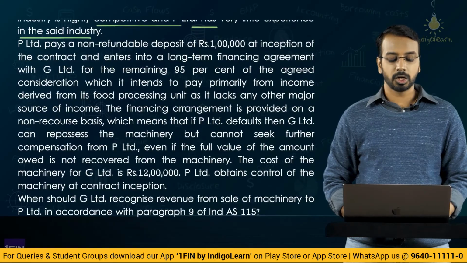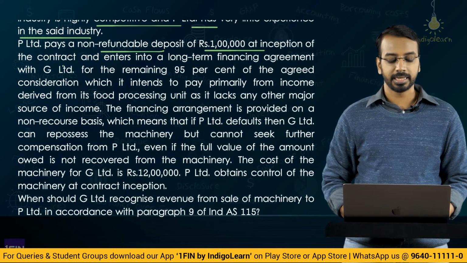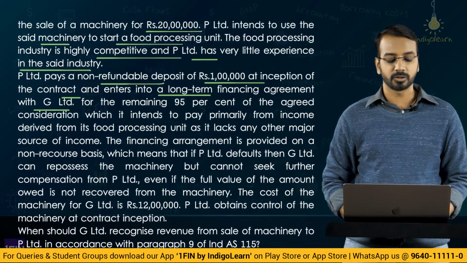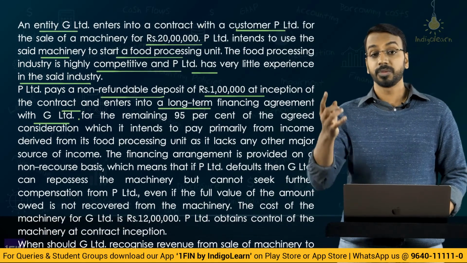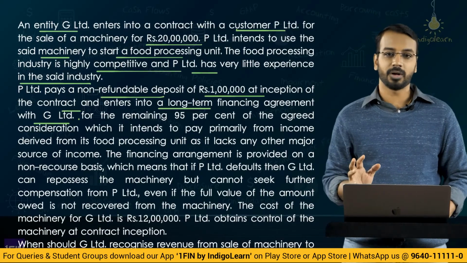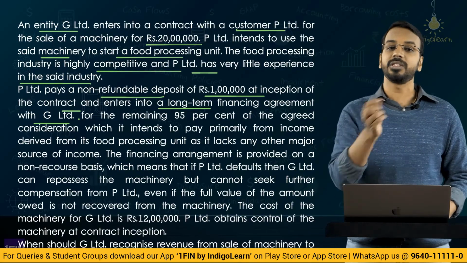P Limited pays a non-refundable deposit of rupees 1 lakh at the inception of the contract and enters into a long-term financing arrangement with G Limited. So, G Limited is again the company. What did P Limited do? P Limited paid 1 lakh as a non-refundable advance and it also entered into a financing arrangement with G Limited itself.